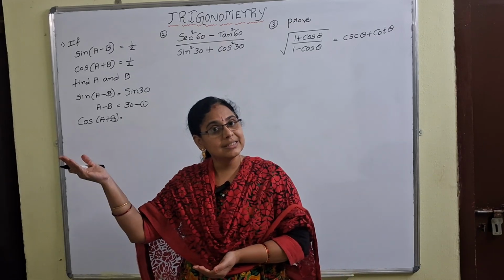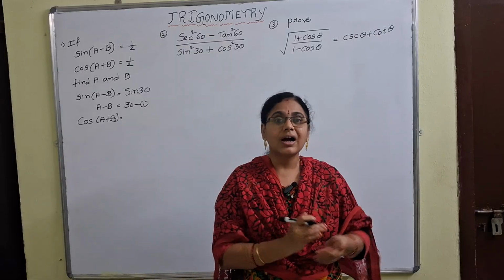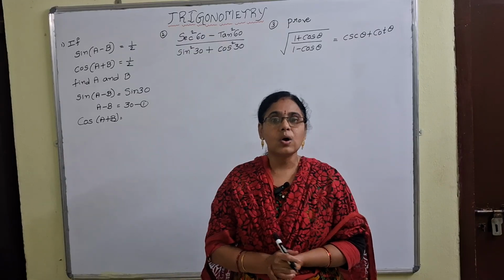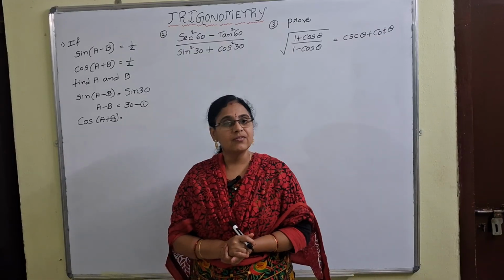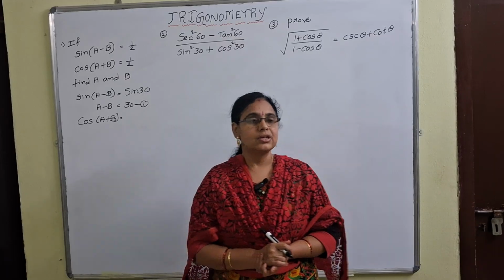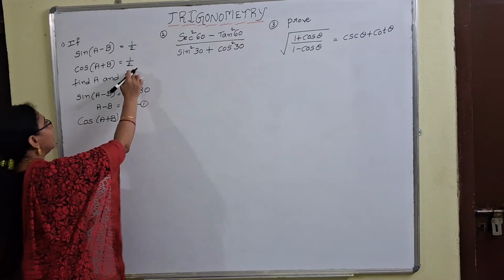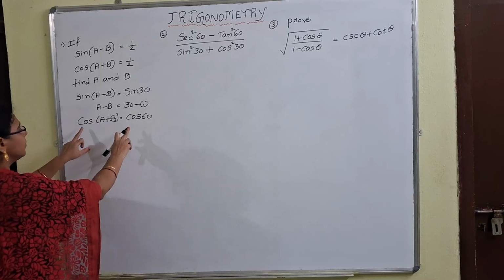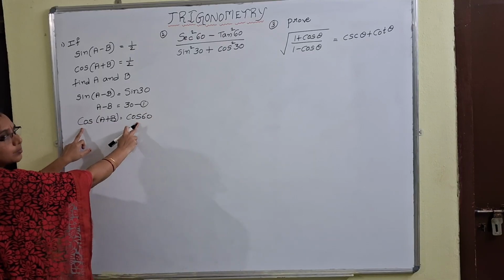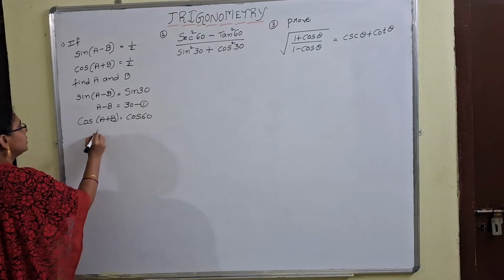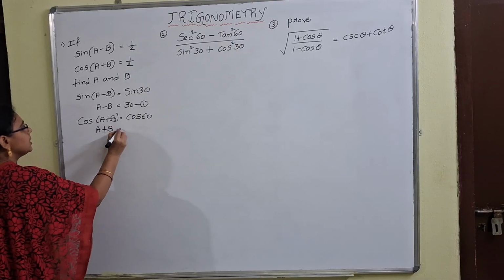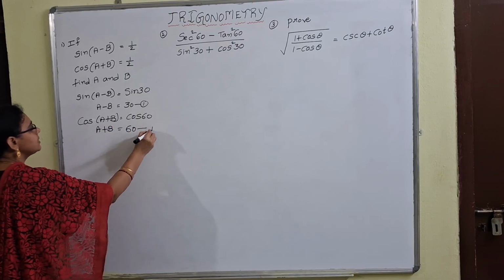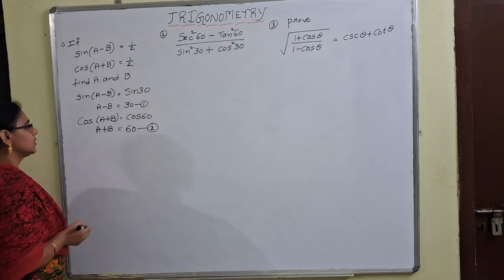Yes, sin 30 is equal to cos 60. So half means cos 60. Instead of half I write cos 60, since both sides we want the same trigonometric ratio. So here it is A + B, here it is 60. We got the second equation also.